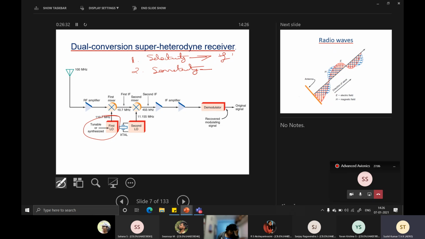Sensitivity is the minimum signal which you can receive, which is nothing but the relationship we have derived now, PR. If your sensitivity is worse than this, then you are not going to receive this signal.